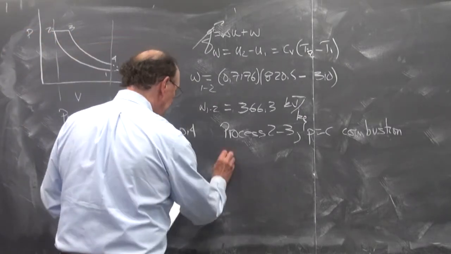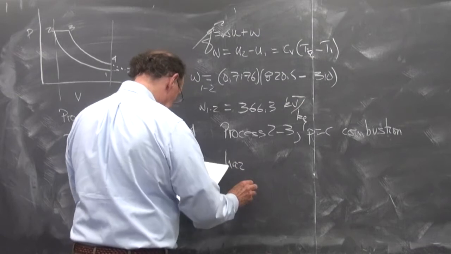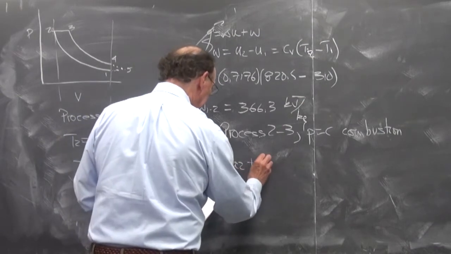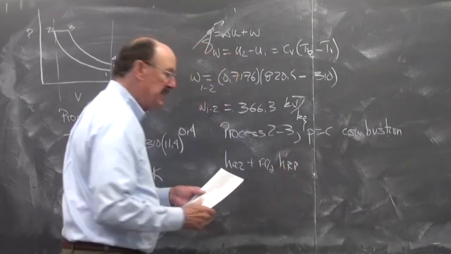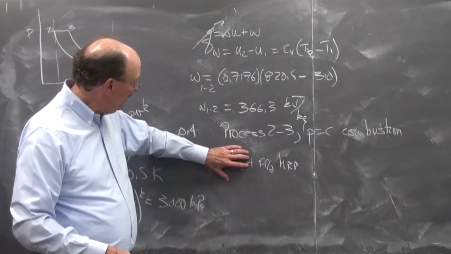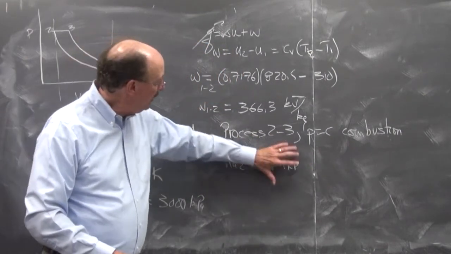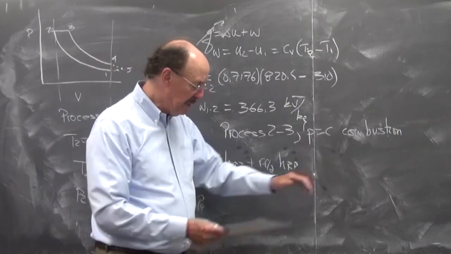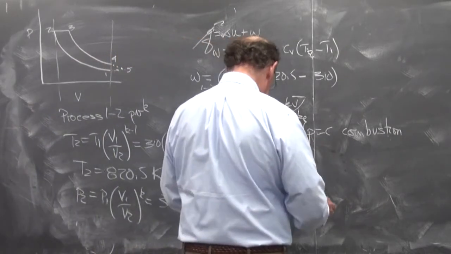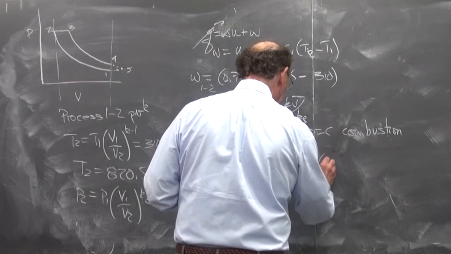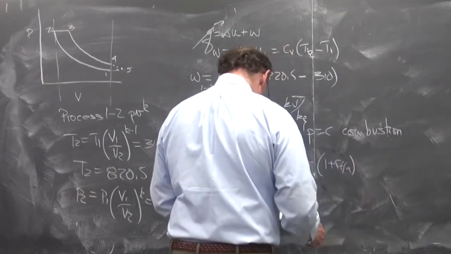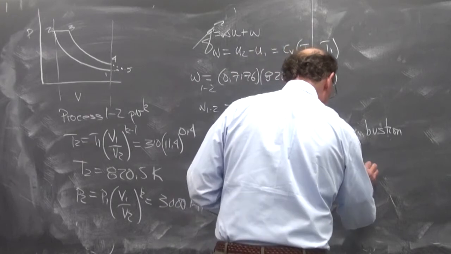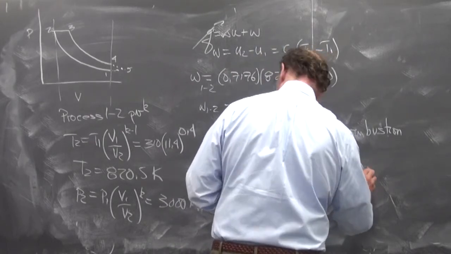So I have HA2 plus RFA H sub RP. So this is the energy that's being added. The energy at state 2 with the air, plus the energy being added by the fuel, is going to equal the energy of the products at state 3. It is 1 plus RFA H sub 3P.